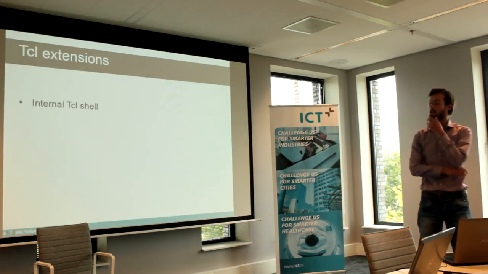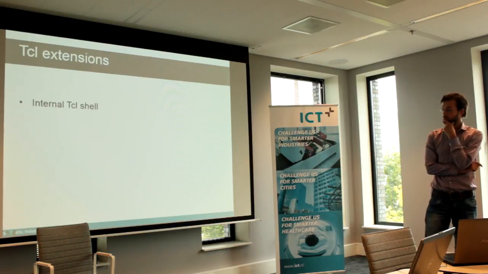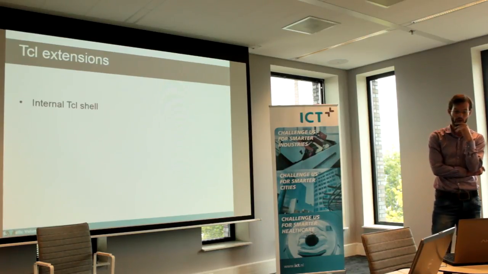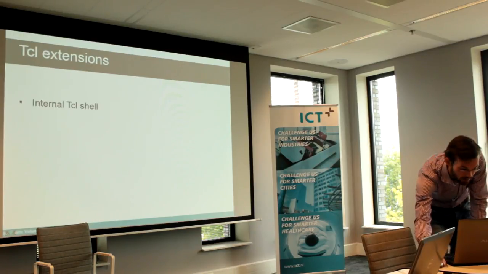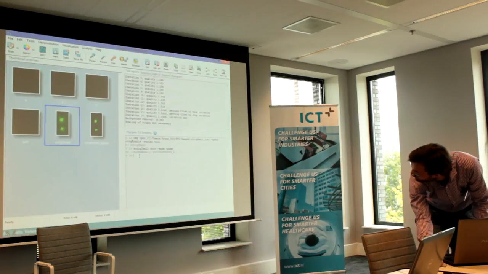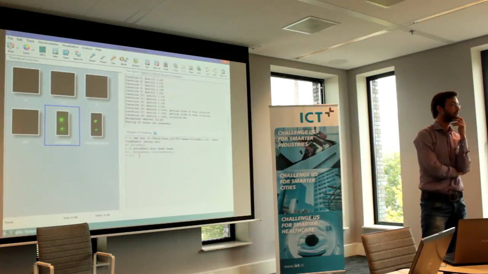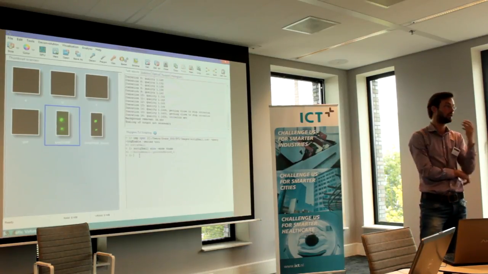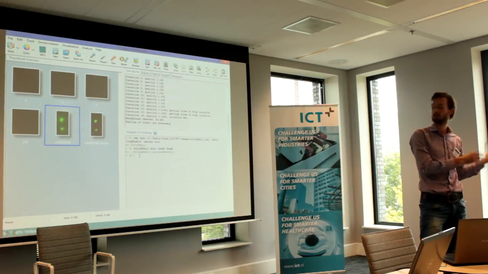So we made some Tickle extensions as well. So we have an internal Tickle shell. You can actually see it here. So here you can type in any command that is available in Tickle. You can also use the images as a command. So you can use an image and add another image.